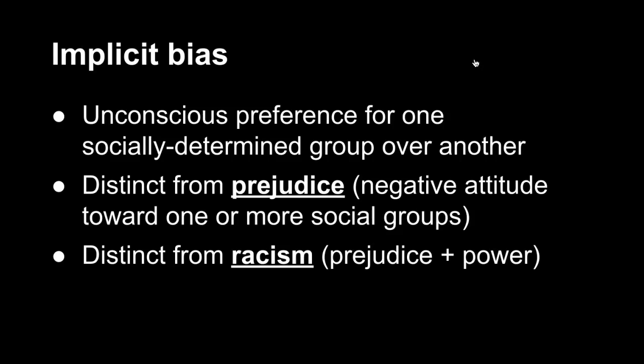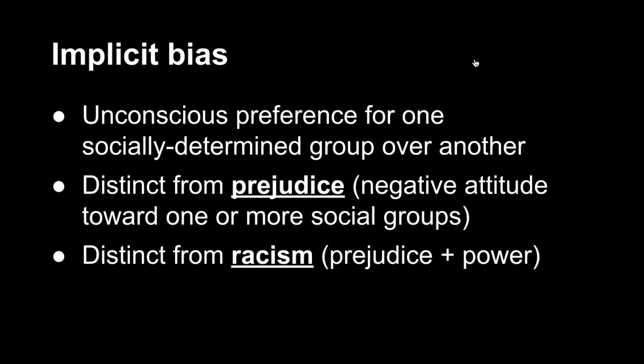And it's also distinct from the concept of racism, which can be defined as, first of all, having a prejudice, that negative attitude toward a specific social group, plus having the social power to act on that prejudice, whether it be as a boss, for instance, as a supervisor, etc. So prejudice plus power equals racism. Still, though these concepts are distinct, they are definitely related.